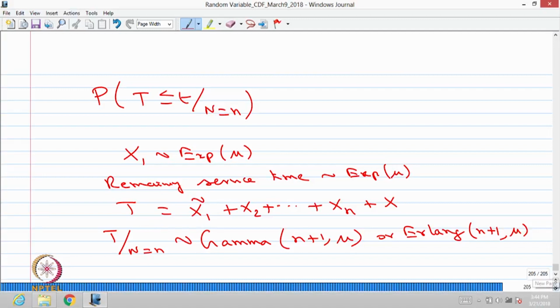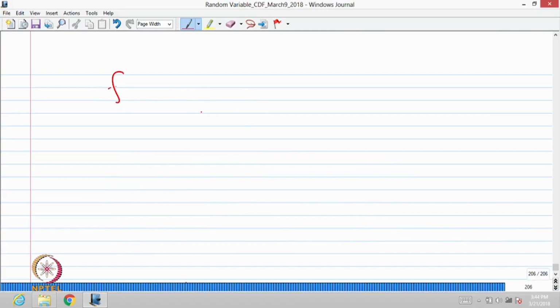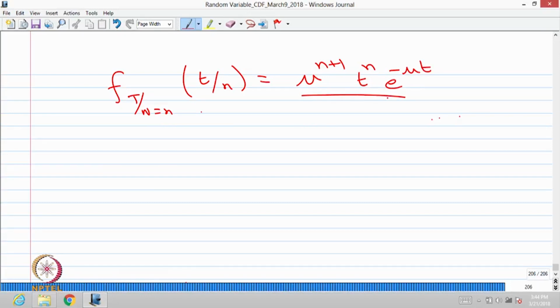Therefore, we know the probability density function of T given capital N equals n, a function of small t: mu power n plus 1, t power n, e power minus mu t, divided by n factorial.